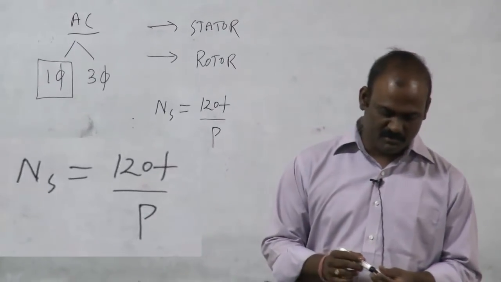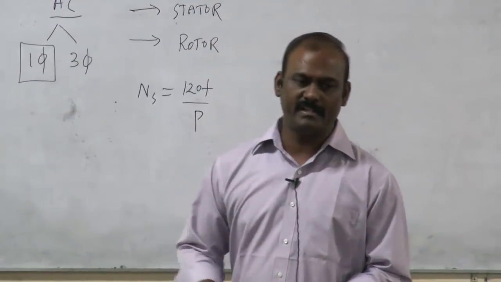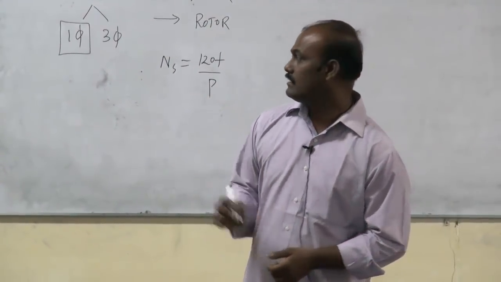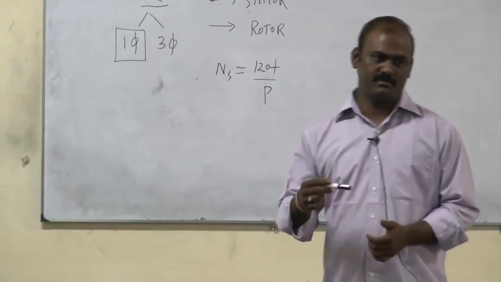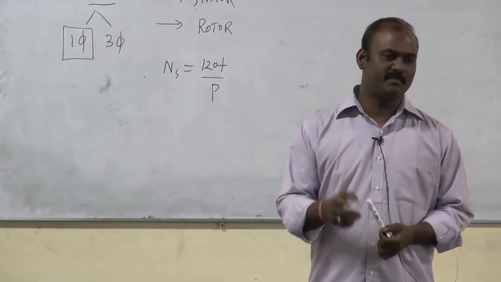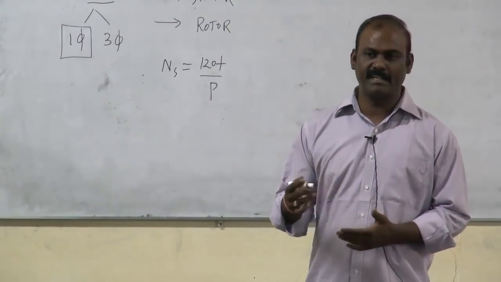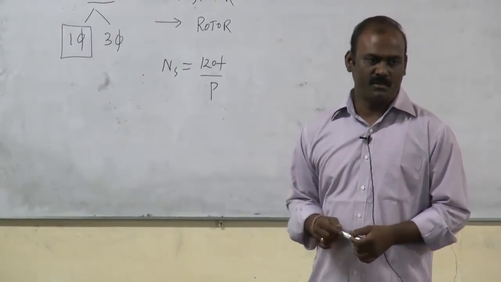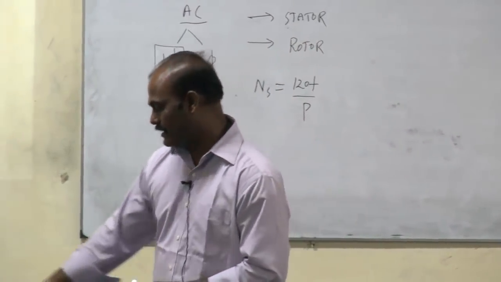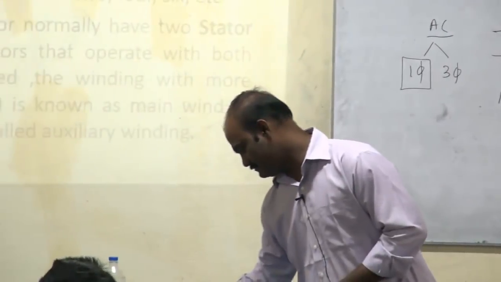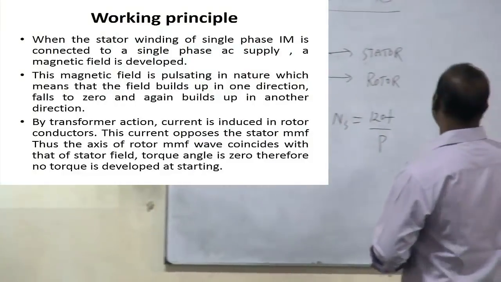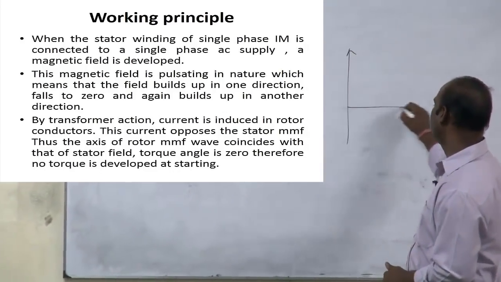P equal to 2, 3000 RPM; P equal to 4, 1500 RPM; P equal to 6, 1000 RPM, and so on. So the rotor construction can be similar to the three phase induction motor construction, whereas the number of poles can be any even number, 2, 4, 6, 8, 10, 12 and so on, right. Now coming to the working principle of the single phase induction motor, we'll have a look at it.